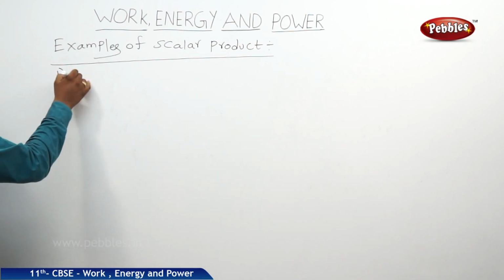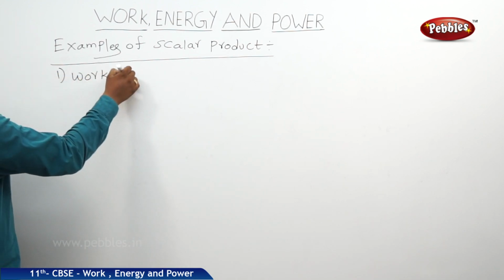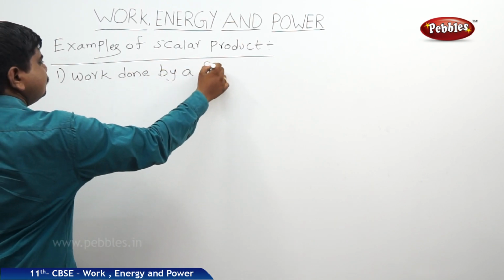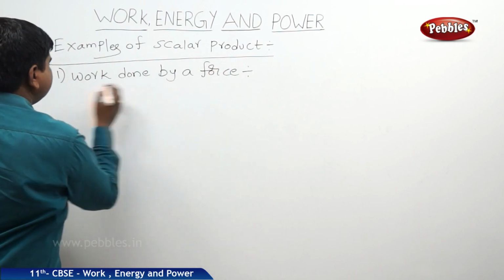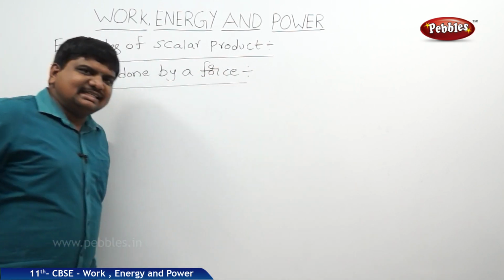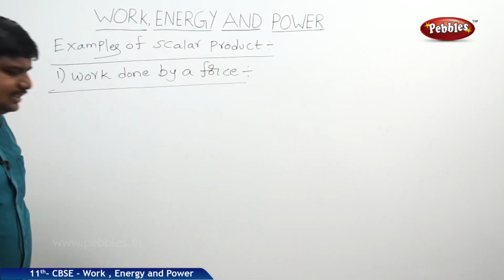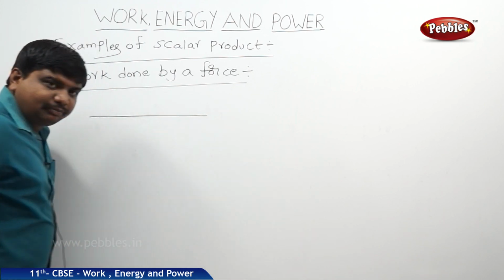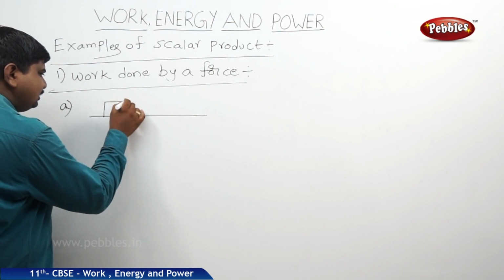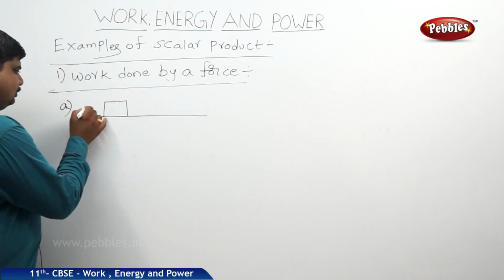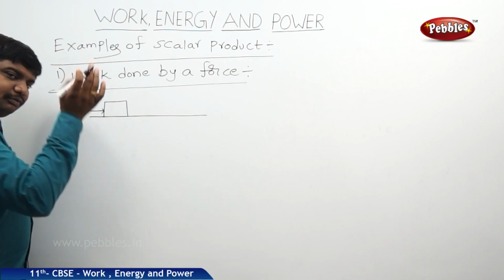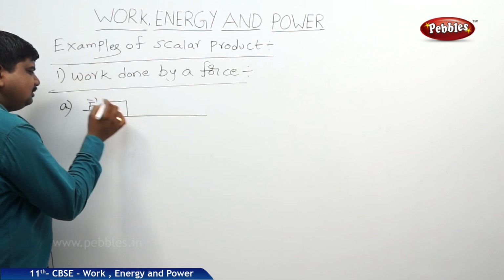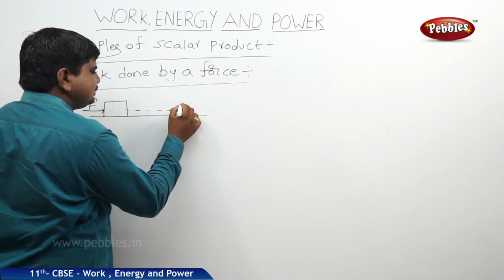The first example is work done by a force. A force is applied on a body. There are two cases. First, take a horizontal plane. This is the body. A force is applied on the body which is already at rest. Because of the applied force, the body moves some distance.